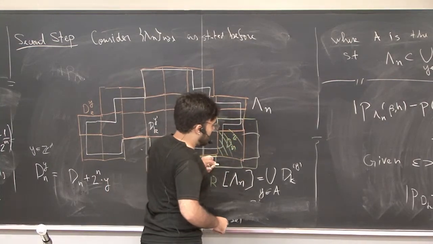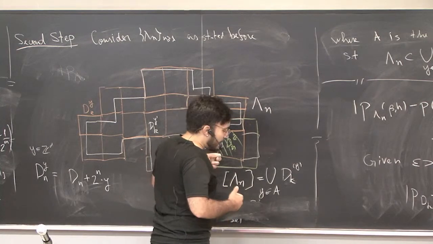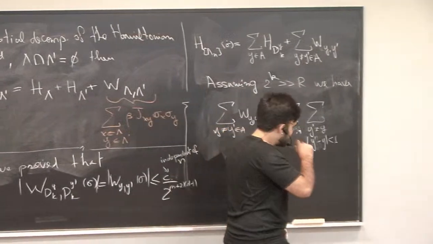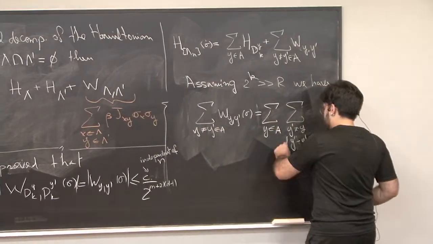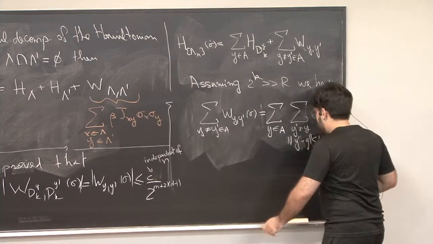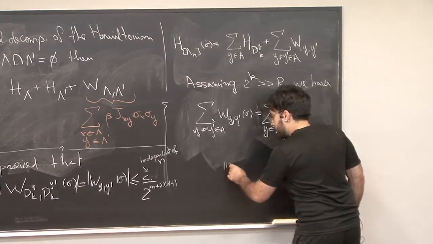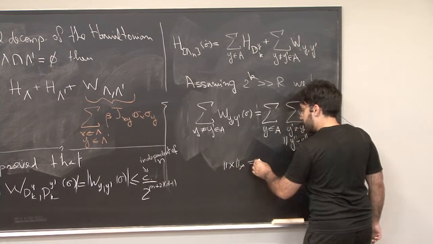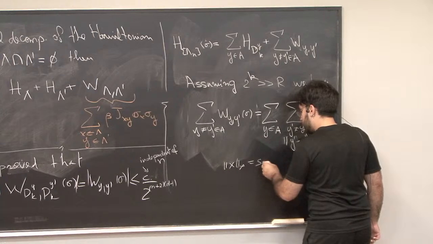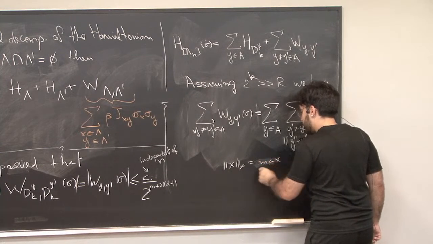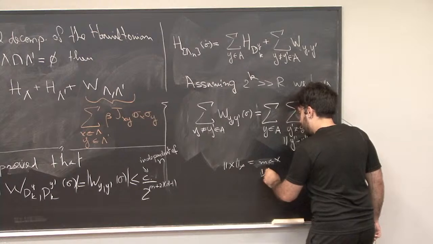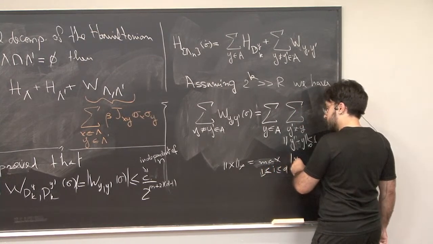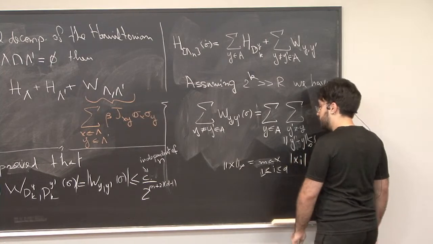So to have an actual cube that I can write in a distance, I should use the supremum norm, which is defined as the supremum, or in this case the maximum, since it's a finite set, of the coordinate differences.